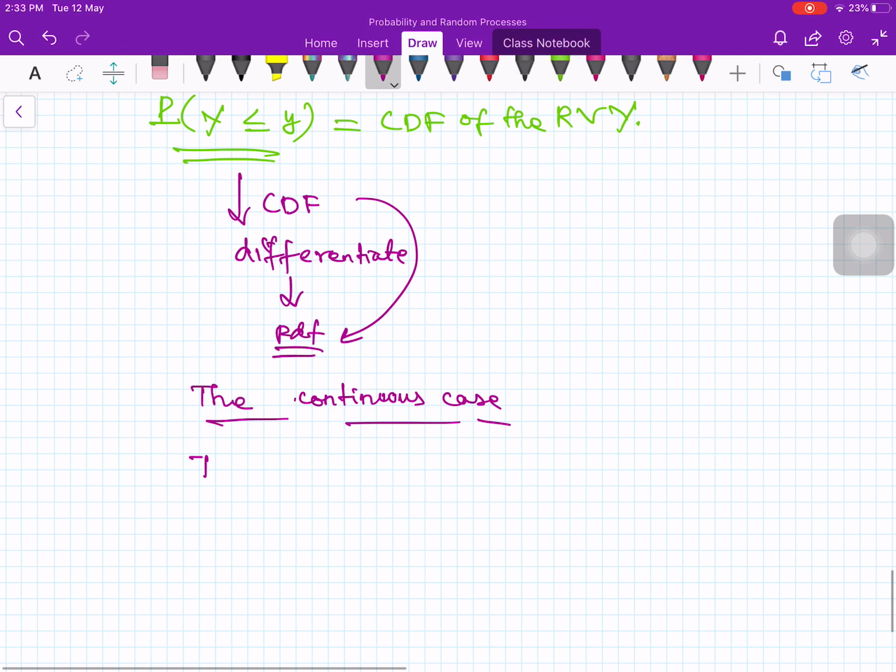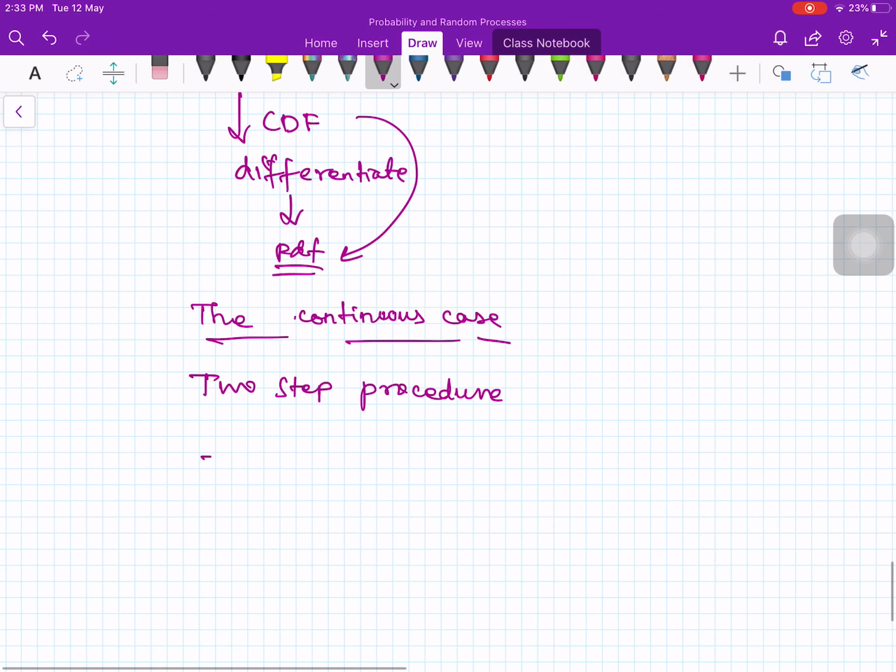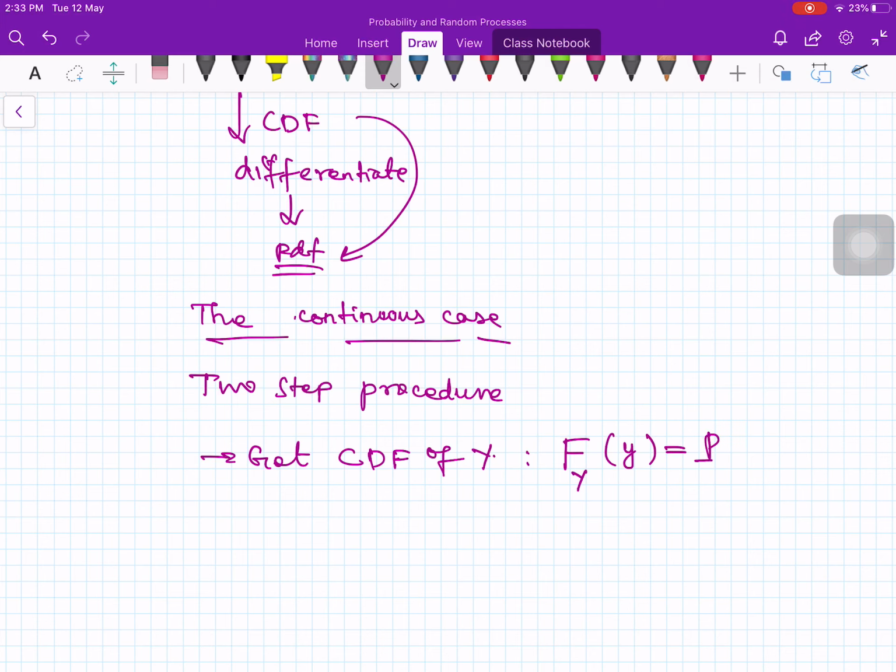There is a two-step procedure. The first step is to get the cumulative distribution function of Y. It is denoted by capital F suffix capital Y of small y, which is equal to the probability of capital Y less than or equal to small y.